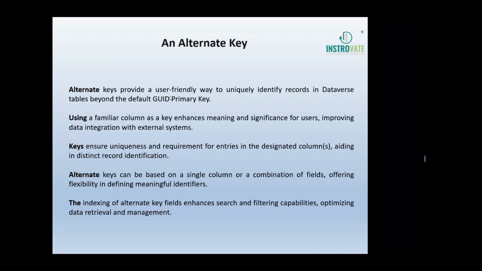It improves data integration with external systems. It also ensures uniqueness and requirements for entities in the designated column, adding distinct record identification. Alternate keys can be based on a single column or a combination of fields. It offers flexibility in defining meaningful identifiers.